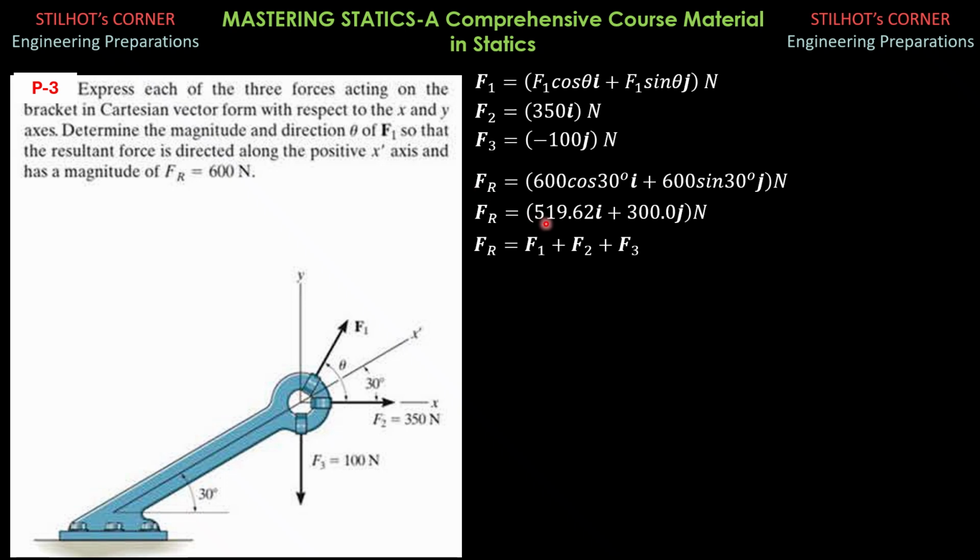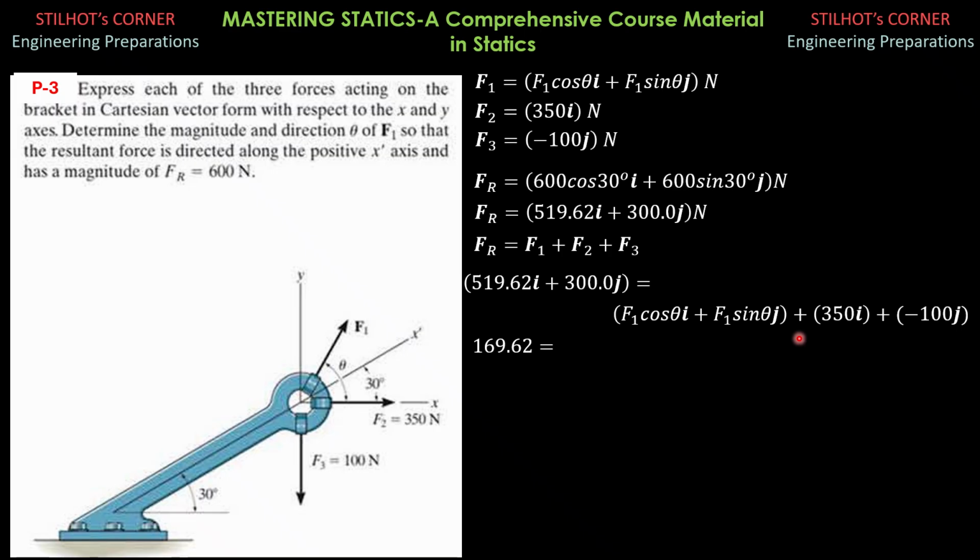So 519.62 i plus 300 j equals the quantity F1 cosine theta i plus F1 sine theta j, plus 350 i, then plus negative 100 j. So equating identical terms, 519.62 equals F1 cosine theta plus 350.